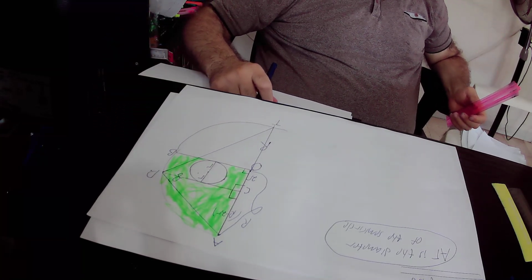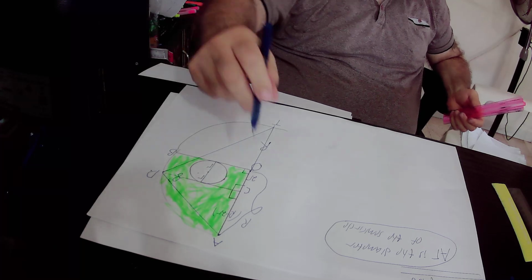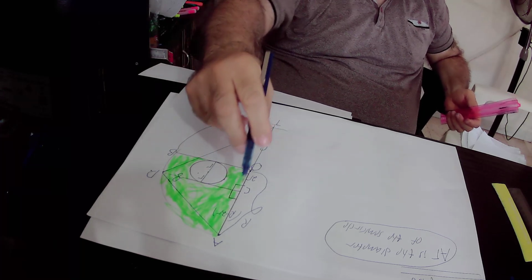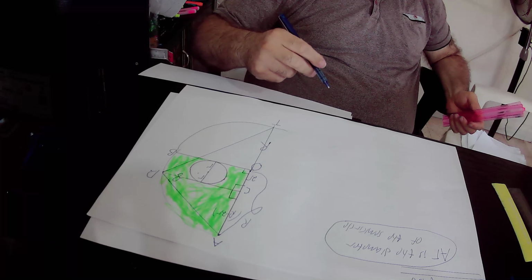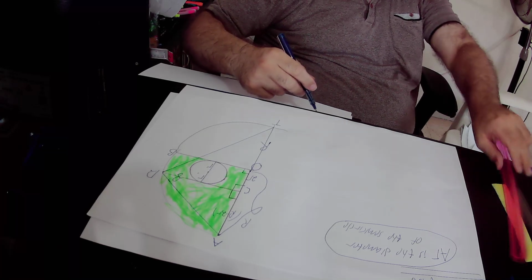So here we created peripheral angle ADT that rests on AT, that is the diameter of the semicircle.